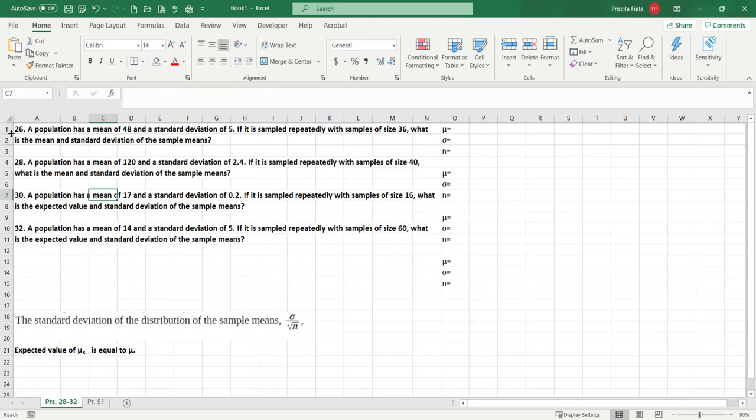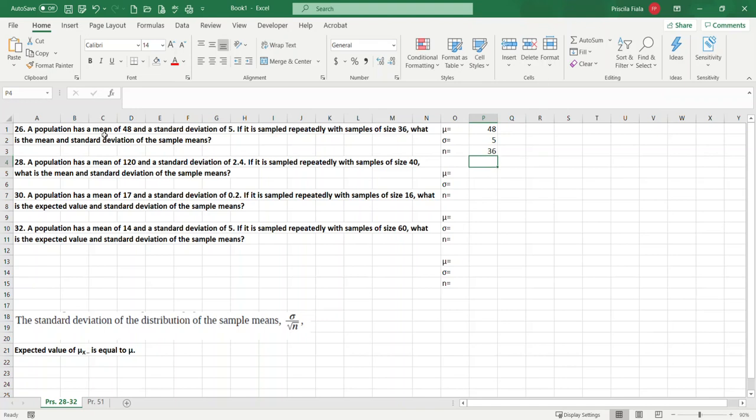You're going to see a population has a mean of 48. So my mu, or the mean of the population, is 48. My standard deviation of my population is 5. And if we sample repeatedly with a sample size of 36, then 36 is my sample size.